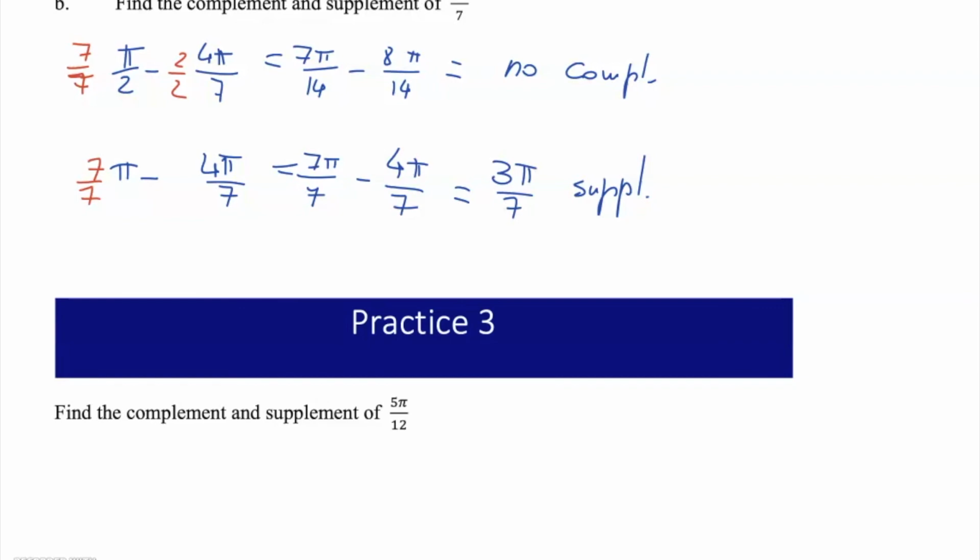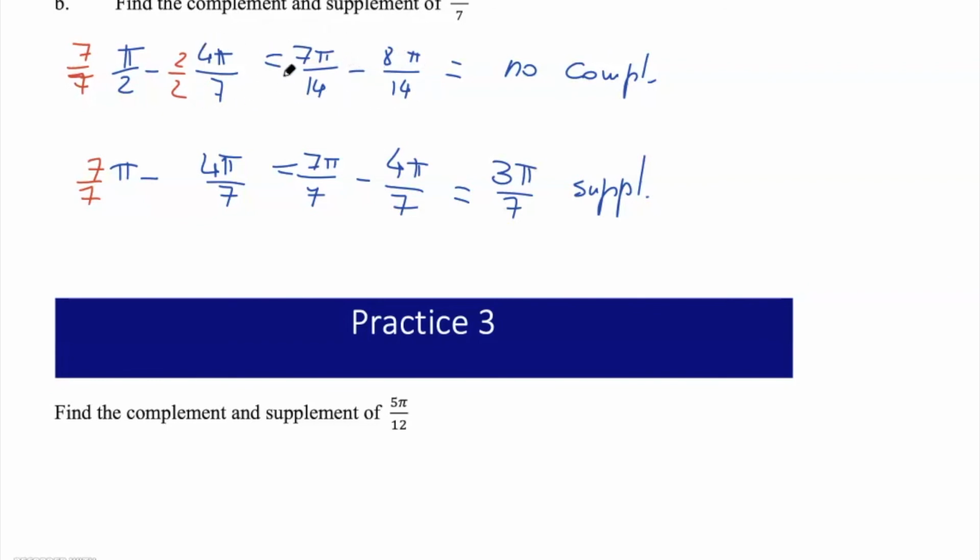Okay, now let's look at the other example. We're looking for the complement or supplement of 4 pi over 7. If I do my subtraction, pi over 2 minus 4 pi over 7, and I transform everything in 14ths of pi, I notice that my angle, 4 pi over 7, is more than a right angle.